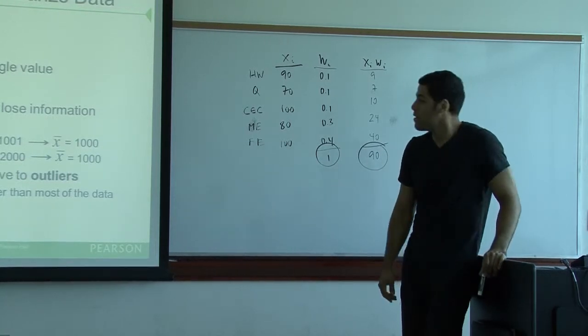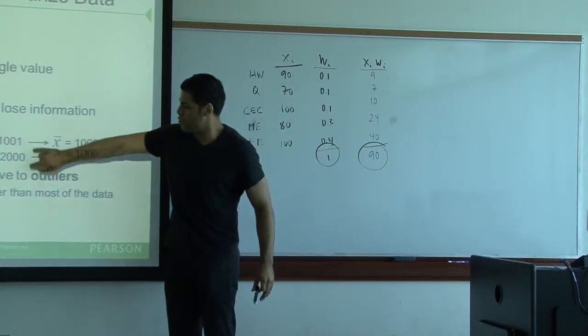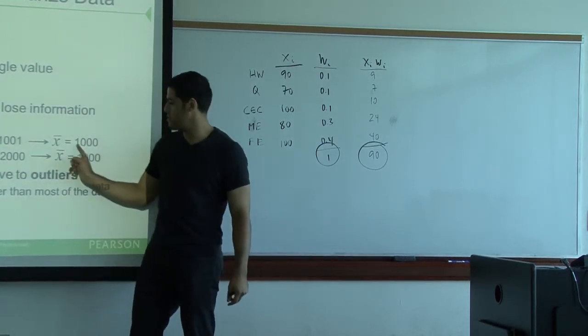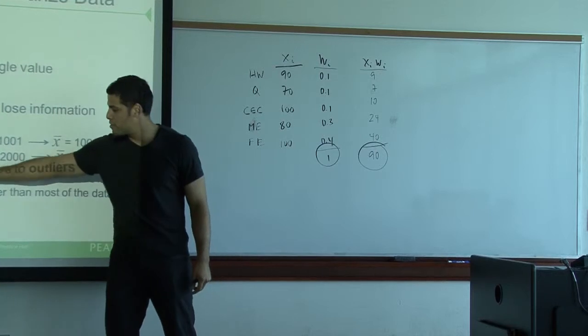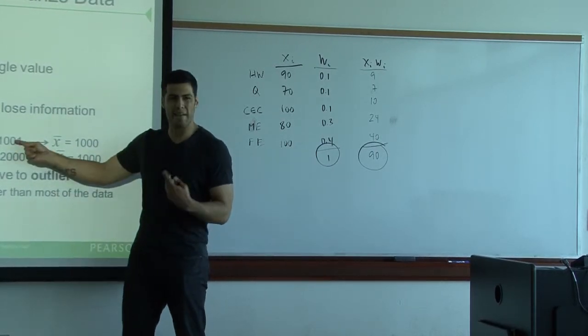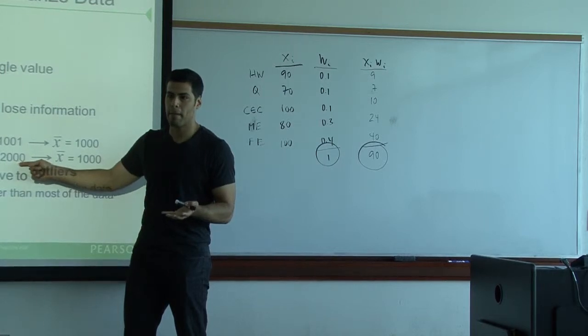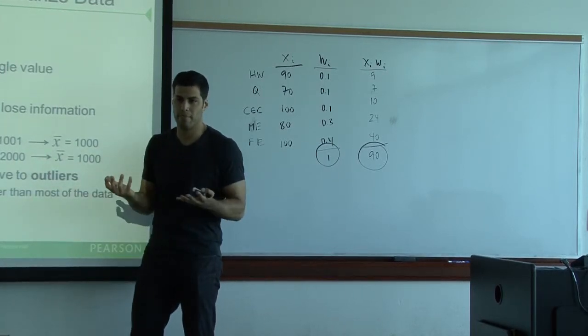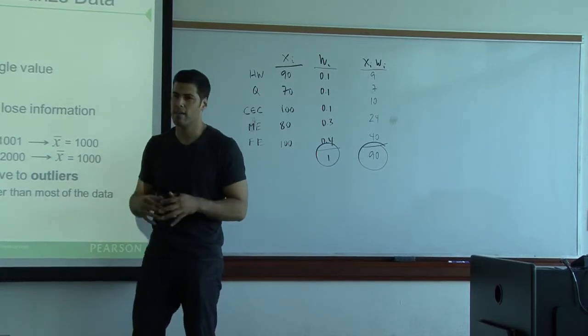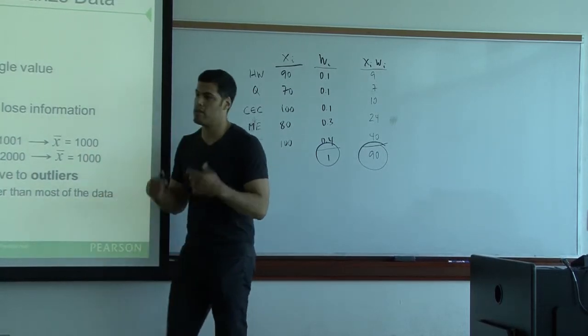The example here is your data could be 999, 1,000, 101, and your average is 1,000. Your data could be 0, 1,000, and 2,000, and your average is the same thing. So these data sets are very different, but they have the same typical value. Unless you look at the actual data set, the only thing you know is the center, but you don't know anything else.